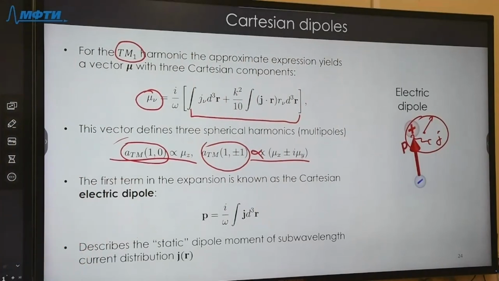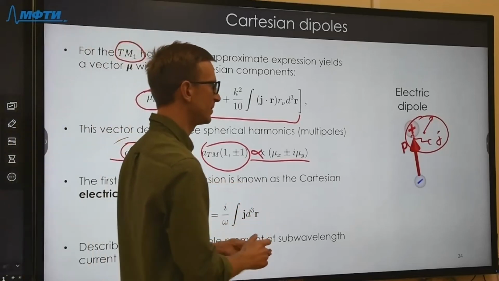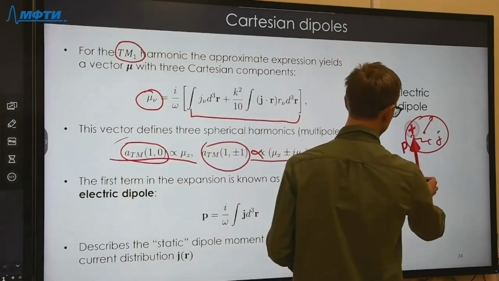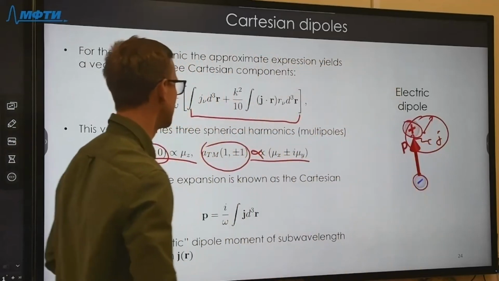This is the dipole moment that you know from the second volume of Landau-Lifshitz, that they introduced in chapter 2 or 3, I don't remember. So this is just the static dipole moment of a certain subwavelength distribution of charges, which is directed from minus to plus, nothing else.